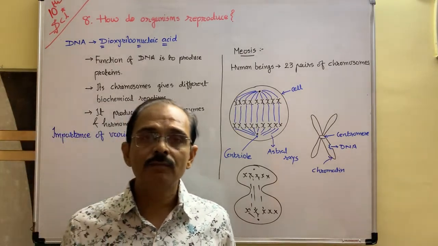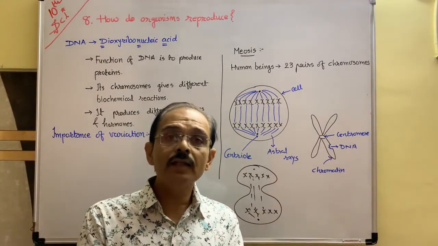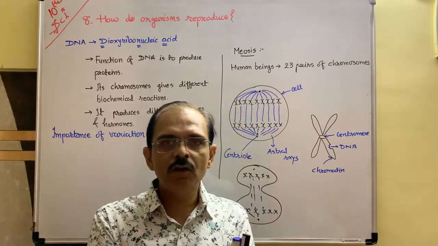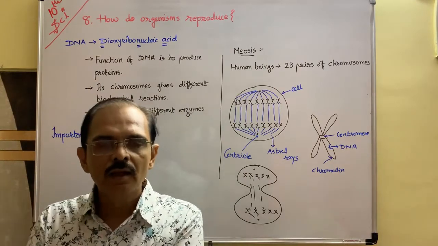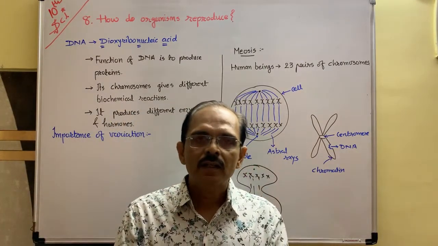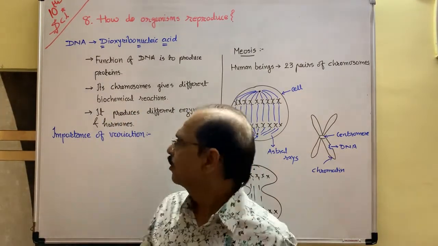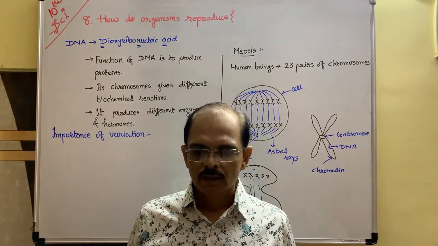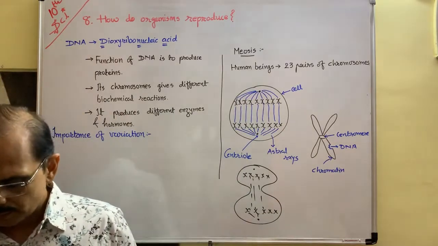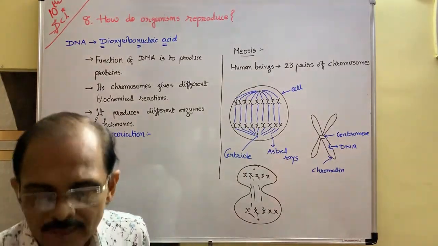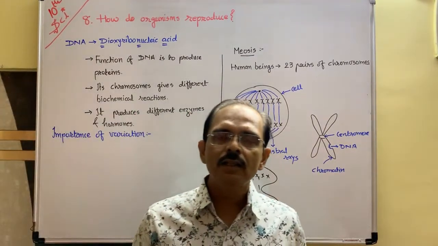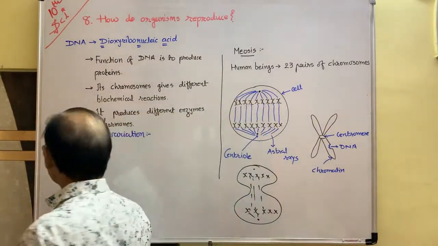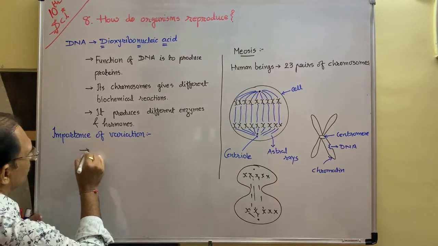Your hair pattern may be exactly a copy of your father's, or exactly a copy of your mother's, or a mixing of these. If it is a mixing of these, then it is called variation. Is it clear? Now, what is the importance of variation? Why is variation necessary? Variation is necessary for life. Okay? It is necessary for the survival of life.